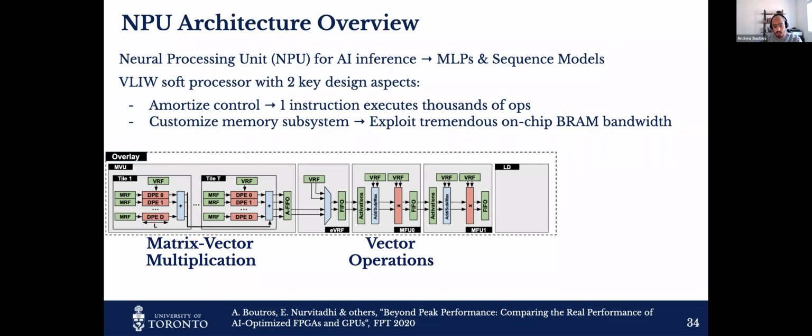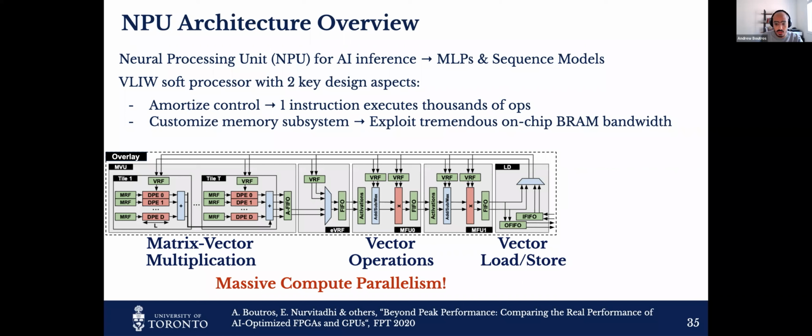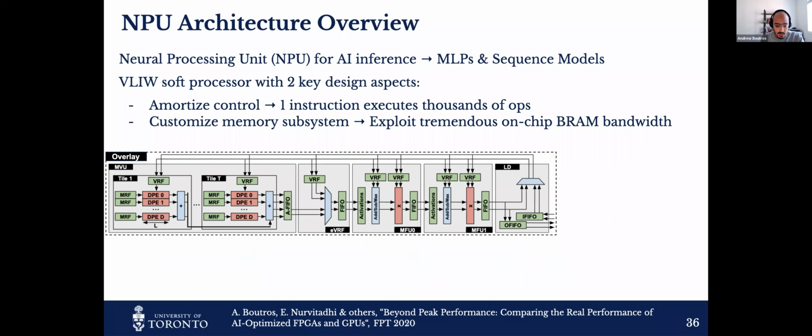This is followed by some modules that implement vector element-wise operations, and finally a vector load store unit that can take the result of this pipeline and write it back to any of the architecture states of the NPU. So really there's massive compute parallelism going on here. The functional units are very coarse-grained and the instructions are very CISC-like in some sense.